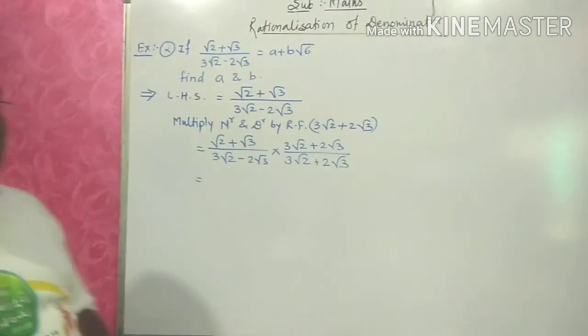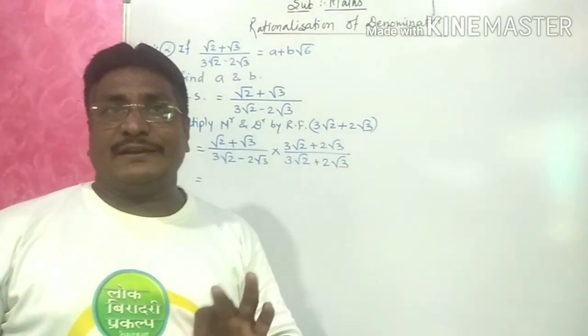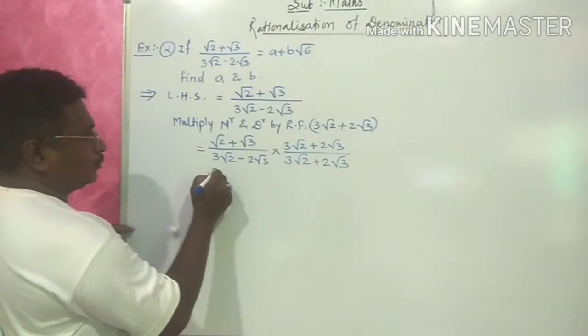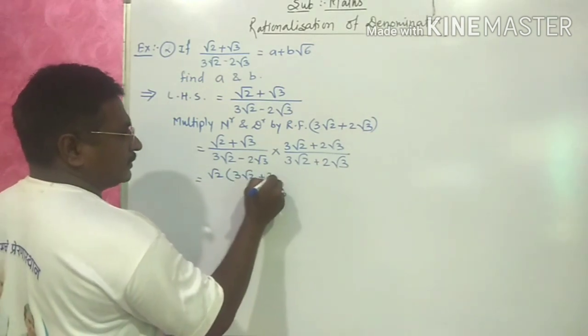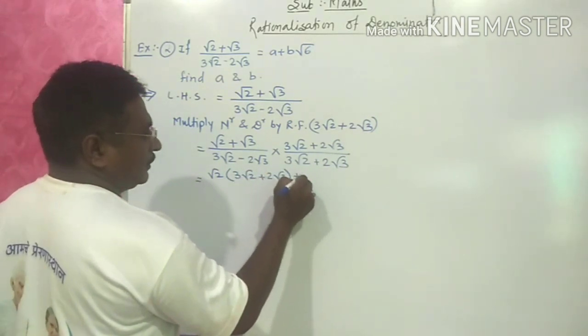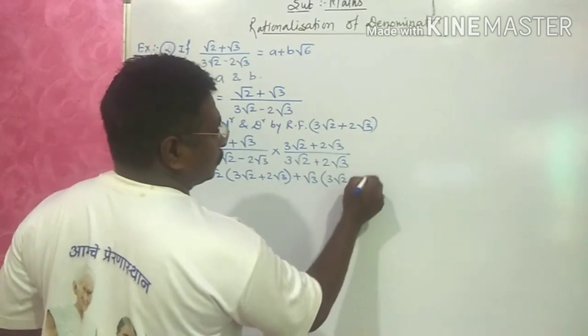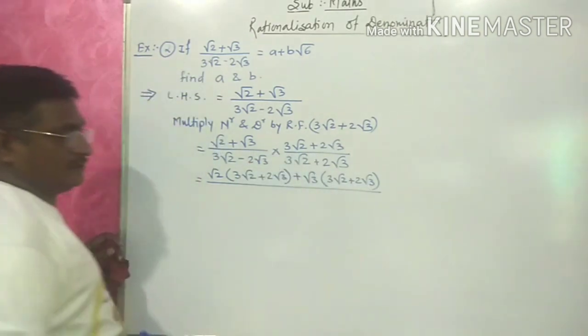So here I gave (a plus b) into (c plus d). This identity I gave. So how to solve that? Root 2 multiply each and every term of the bracket: 2 root 3 plus root 3 into 3 root 2 plus 2 root 3, in this way.